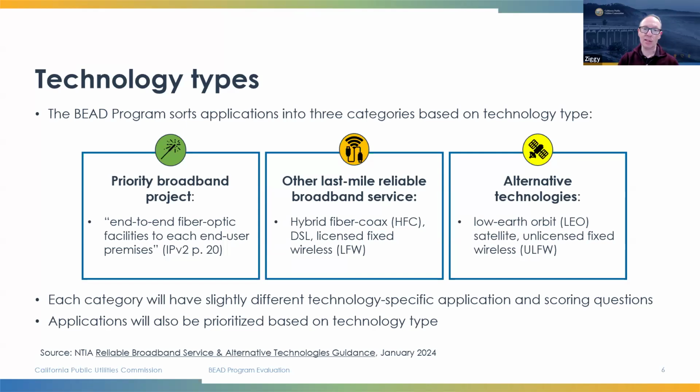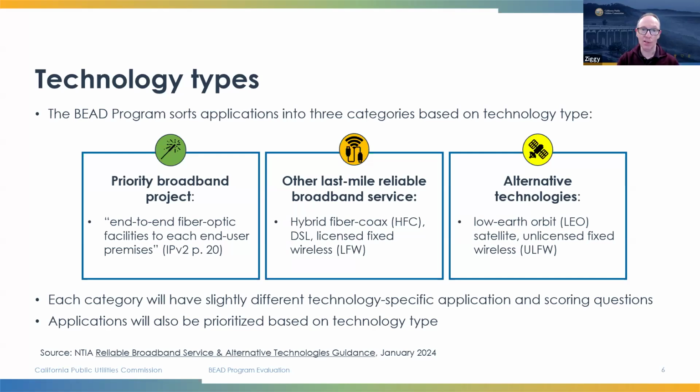Then next is other last mile reliable broadband service. In other words, priority broadband is the fiber version of the larger category of reliable broadband service.